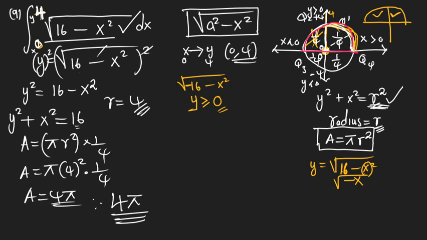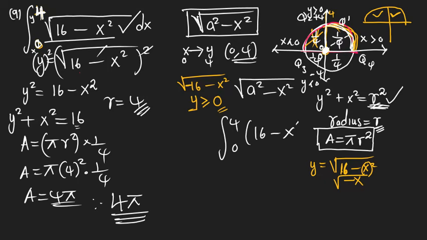Now, remember, I already mentioned that you need to have this property for you to use circle geometry. It becomes very simple. But if it's just like that, let's say they give you the integral from 0 to 4 of the square root of 16 minus x to the 2, this is very simple. Just go directly. You find the integral of this.